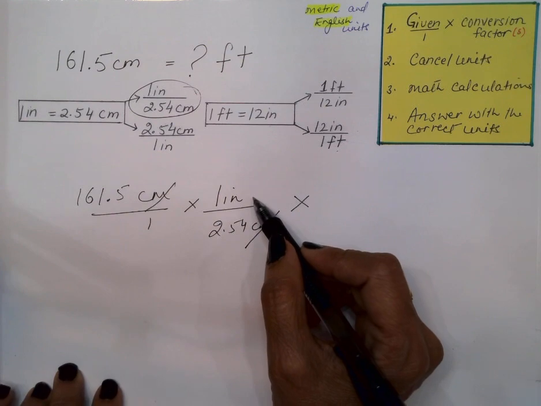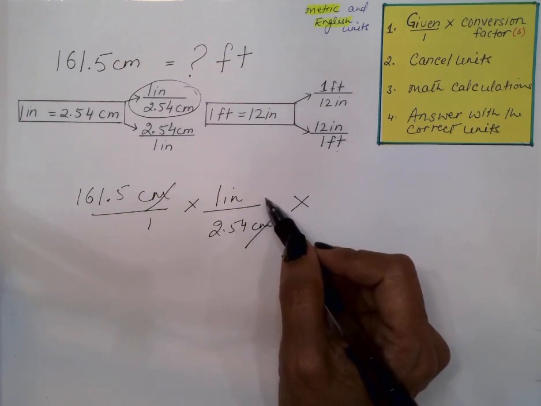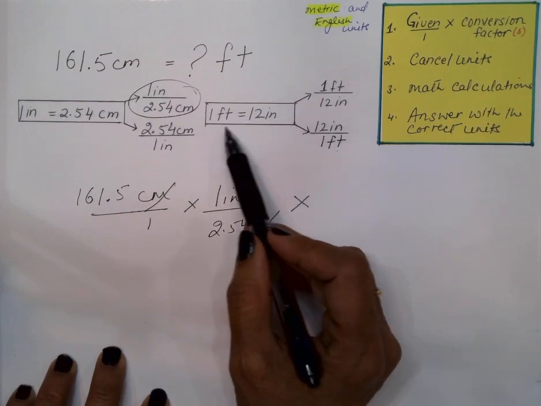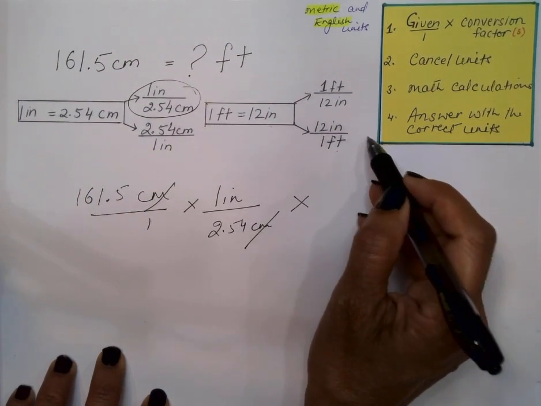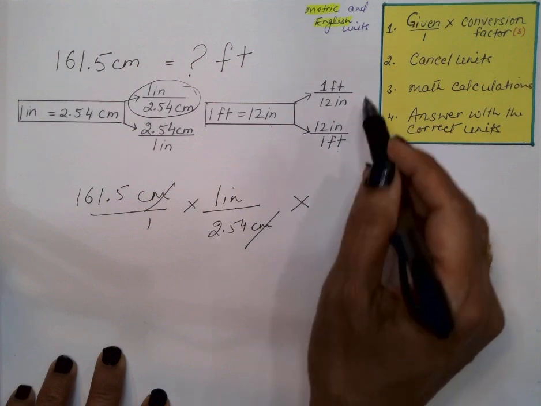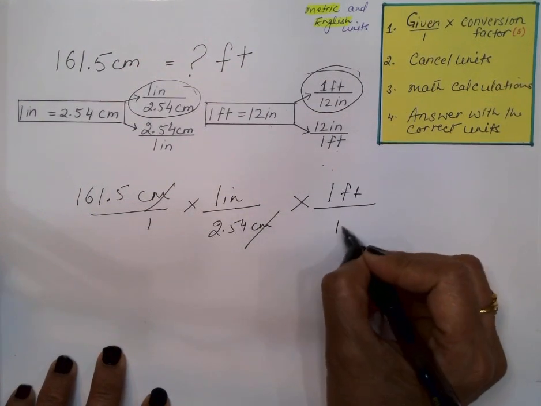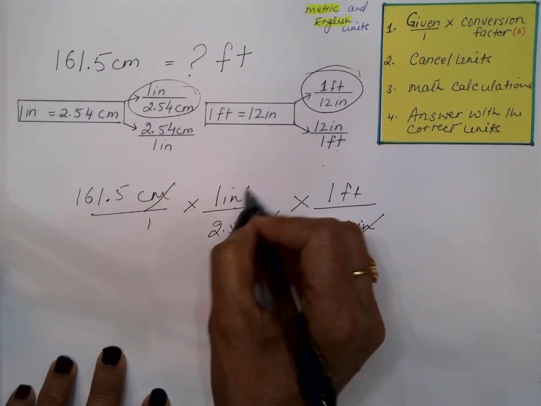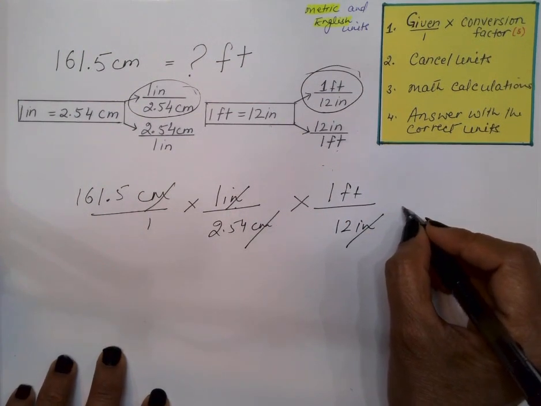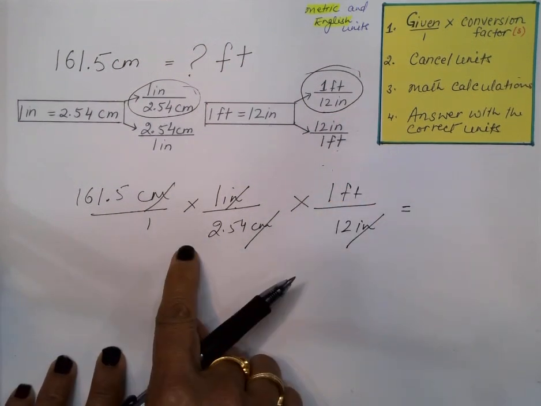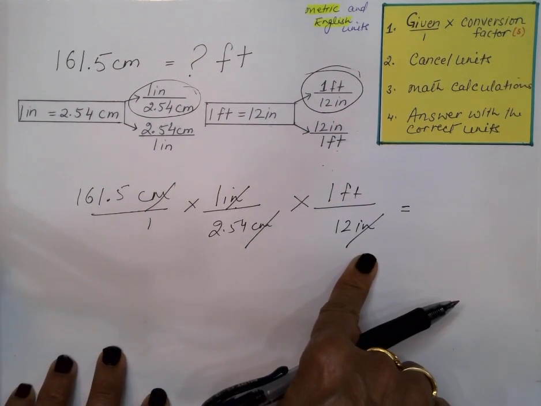Now, do I need inches? I don't want inches, but what do I want? I want feet. So let's see the relationship between inches and feet. Here you go. Since I want to cancel inches, I'm going to use this one: 1 foot is equal to 12 inches. Inches and inches get cancelled out, and you multiply everything at the top, multiply everything at the bottom, and then you divide.